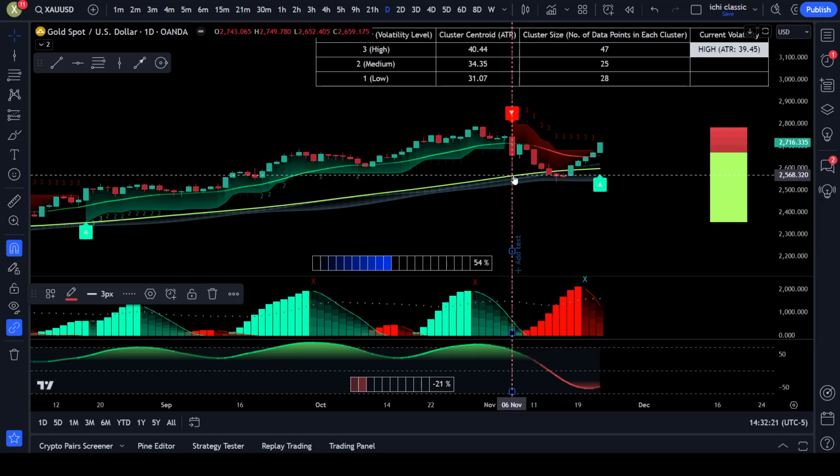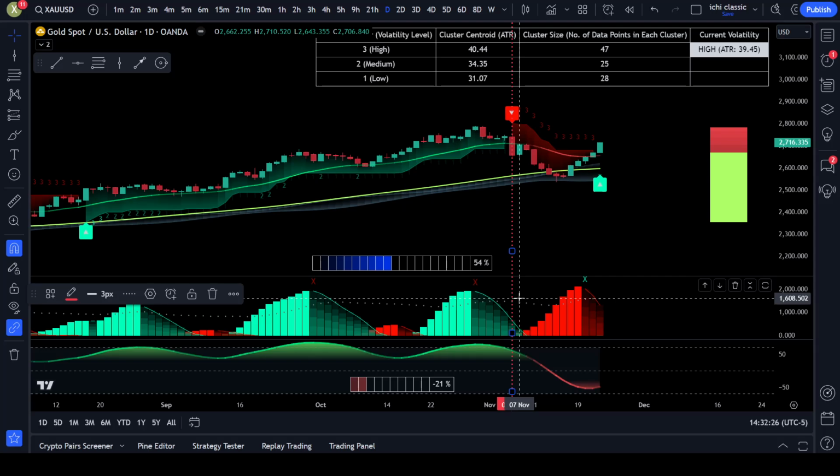But at this level here, you see that nothing is above this dotted line. It is still dark red. It should be a red candle. And at that point, if the red candle is above the dotted line, then you should be selling.